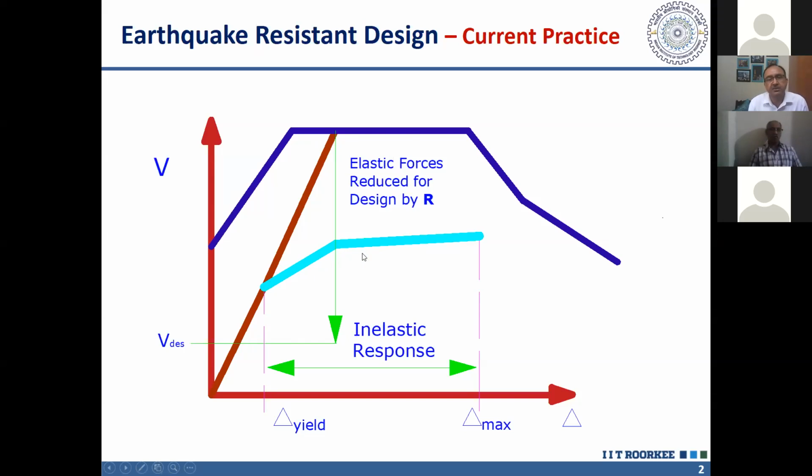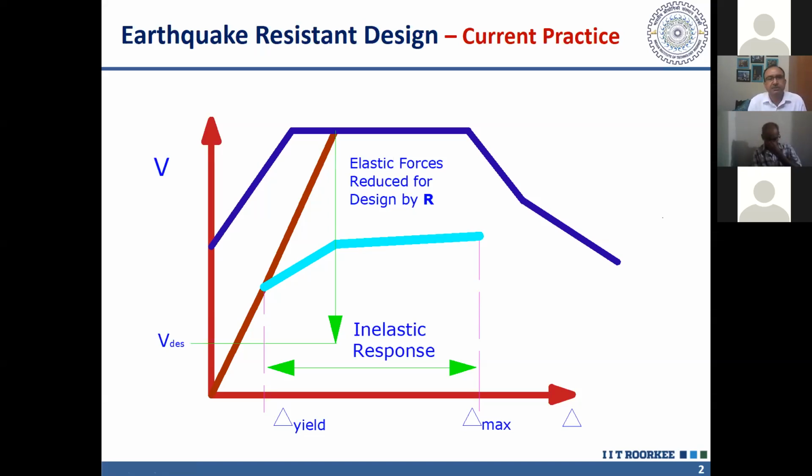design it like this. So if you recall the formula which we use for calculation of base shear, we do Z/2 · I/R · Sa/g. So this 2R is the reduction. So we reduce it roughly 10 times, then increase it to double because of the partial factors of safety. So we end up designing our structures only for 1/5 of the force which is expected on an elastic structure.